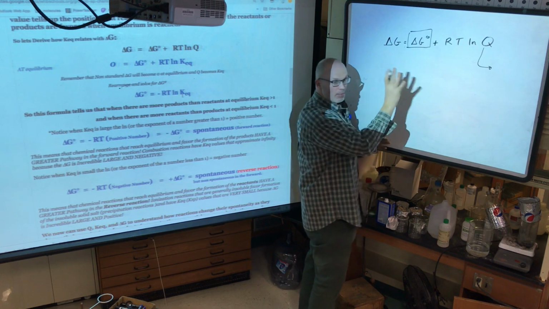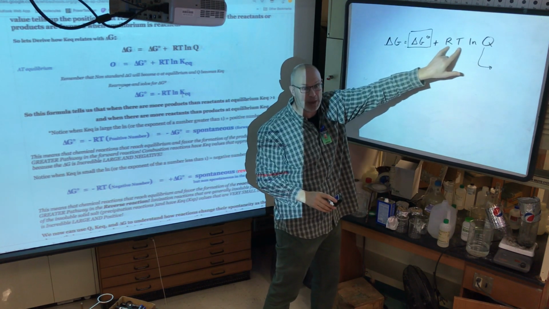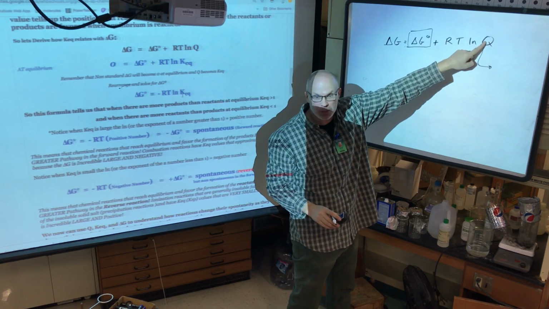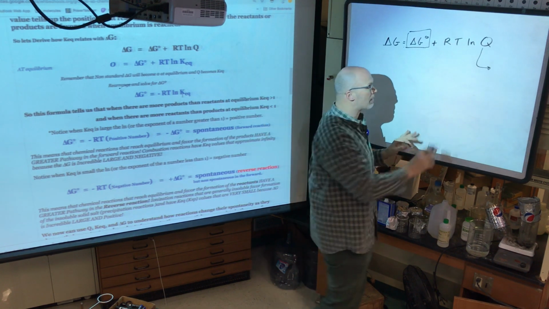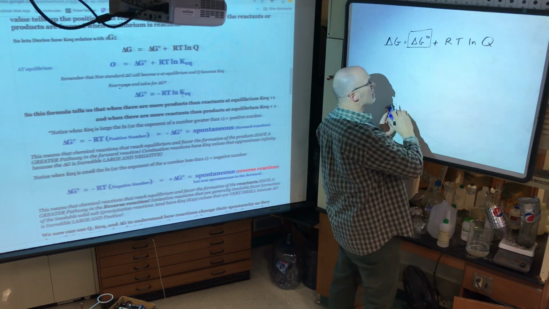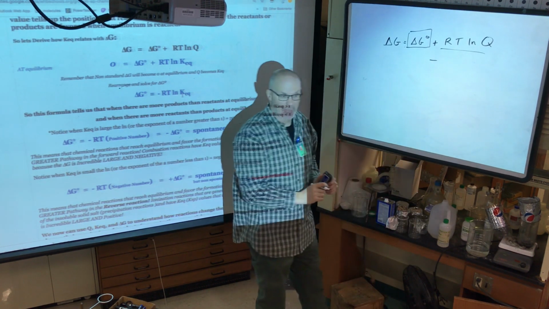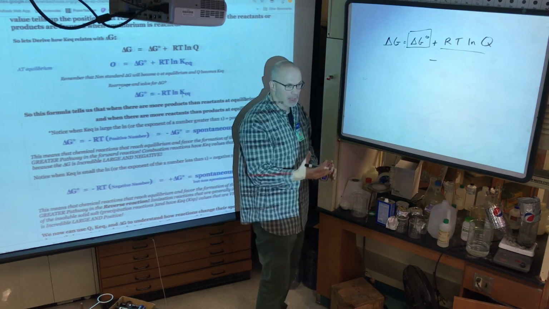Knowing the delta G from our table, we're going to change from that position by some amount based upon how the concentrations of our reactants change. That's important that you get that. So we're going to either add to it or subtract from it, and that's Le Chatelier's principle, and that's what tonight is about.